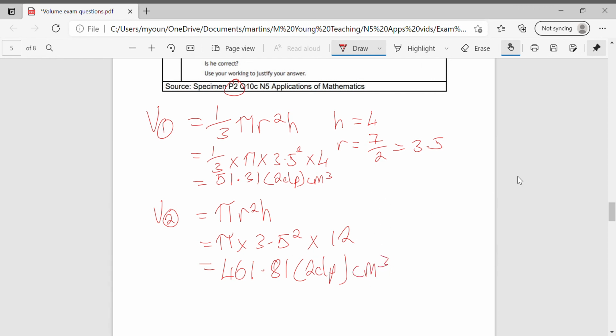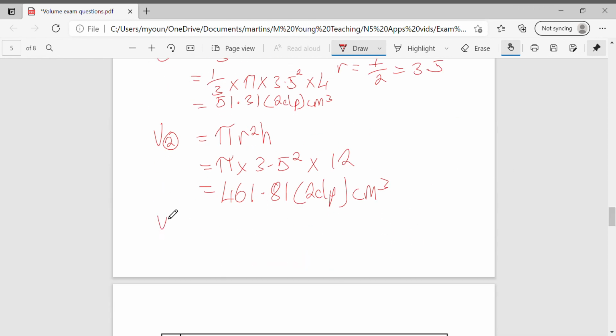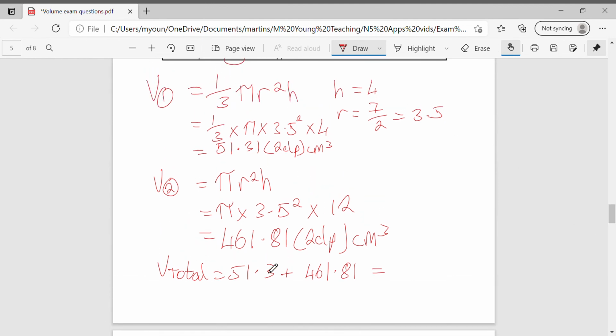Okay, let's work out the total volume. So it will just be 51.31 plus 461.81. And that is 513.21, and that's cubic centimetres.